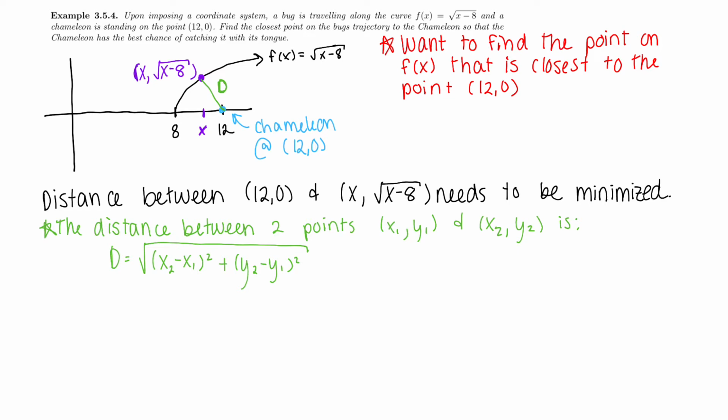So we're minimizing this function d, and we have values for these x1, y1, x2, y2 points right here. We can call this guy x2, y2, and this one x1, y1.